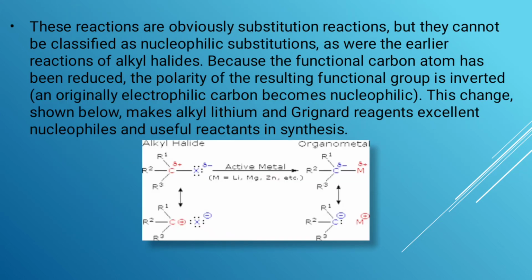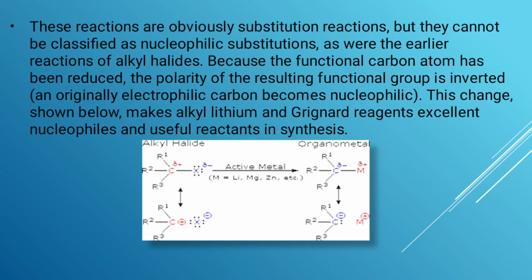These reactions are obviously substitution reactions, but they cannot be classified as nucleophilic substitution as were the earlier reactions of alkyl halides, because the functional carbon atom has been reduced. The polarity of the resulting functional group is inverted.